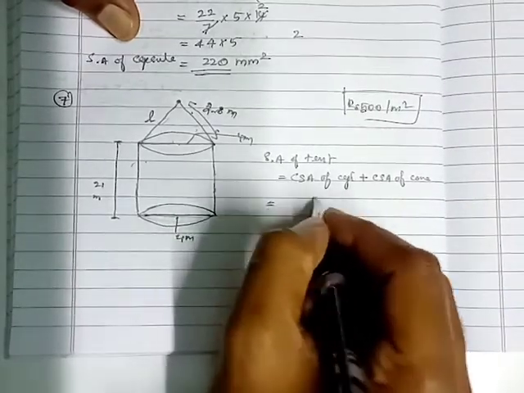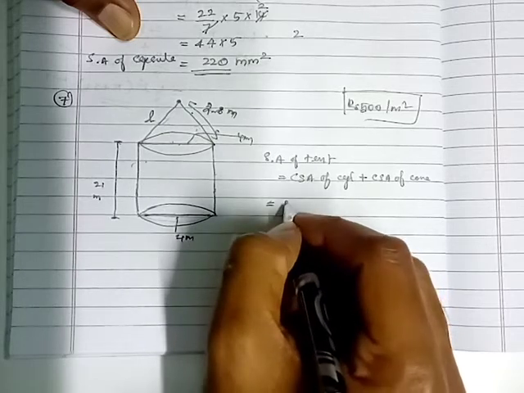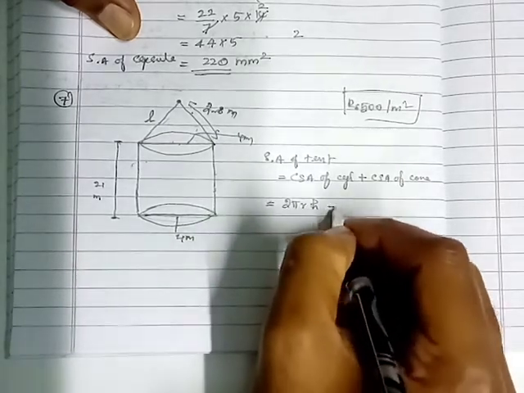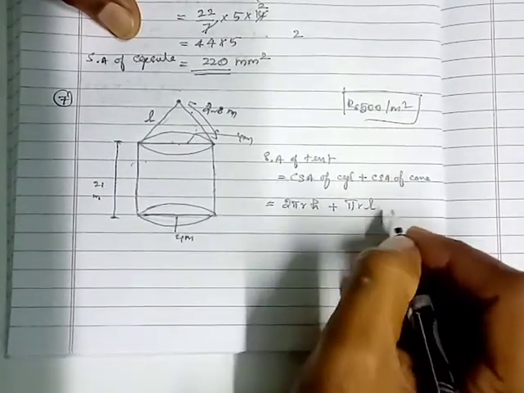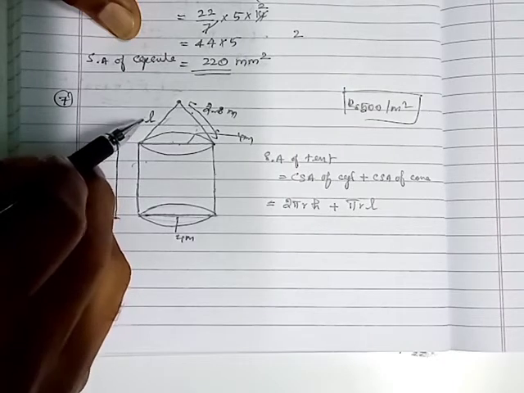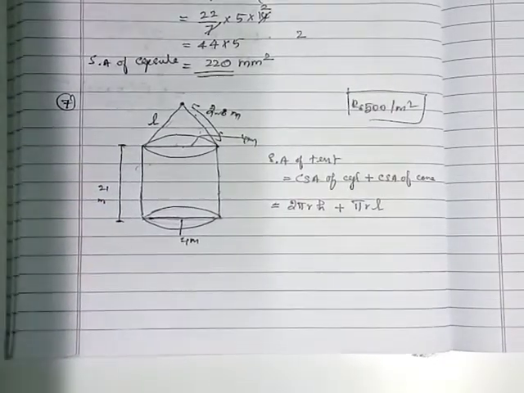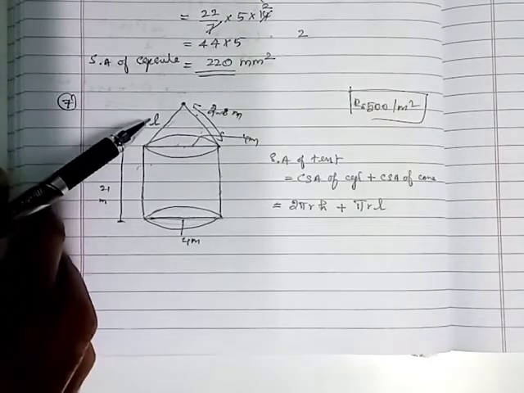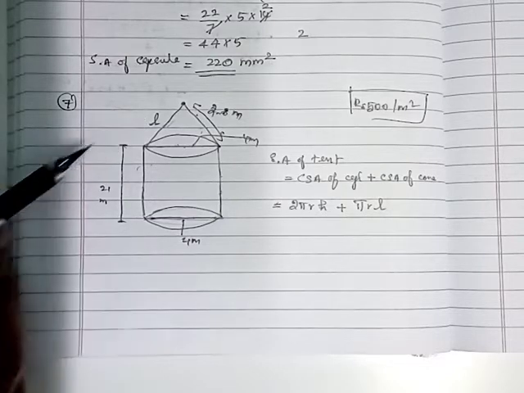What's the formula for that? CSA of cylinder is 2 pi r h plus CSA of cone is pi r l. Here the value of L is given, no? So you have a relief in this. You don't have to find the slant height by using the formula L is equal to root of r squared plus h squared.